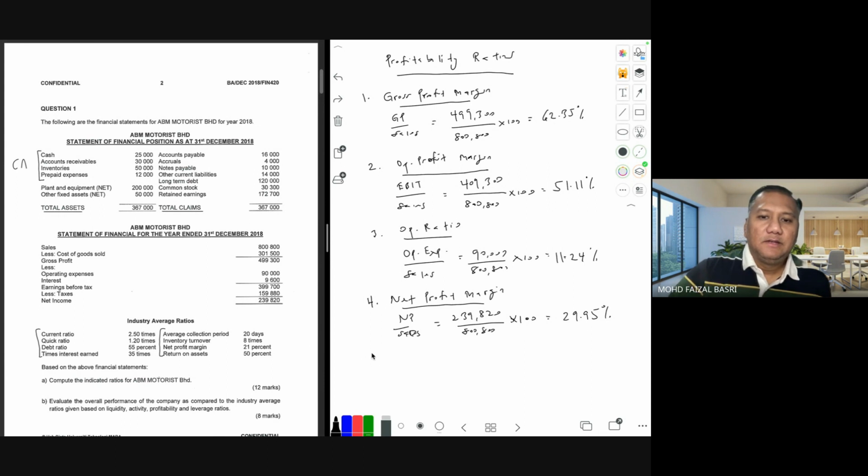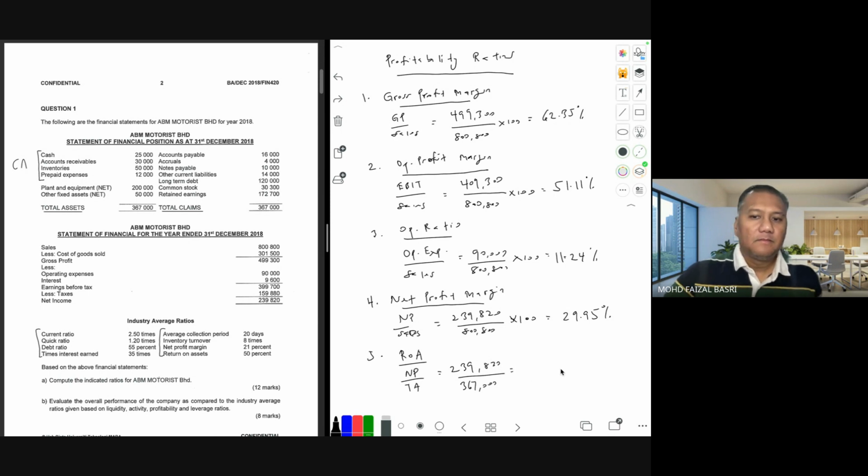Okay, the number 5 sekarang buat apa? Belum lagi kan? Number 5 is ROA, return on assets. So, formula dia adalah net profit bahagi dengan total assets. So the net profit again is 239,820 divided by total assets dia 367,000. Darab 100 lah, times 100.